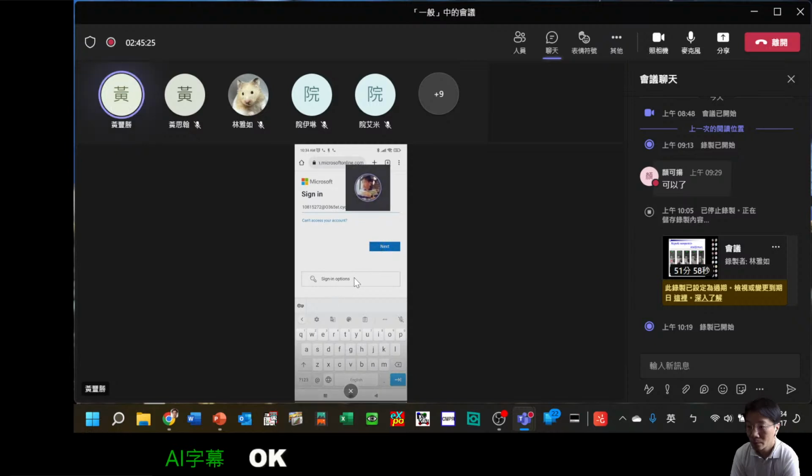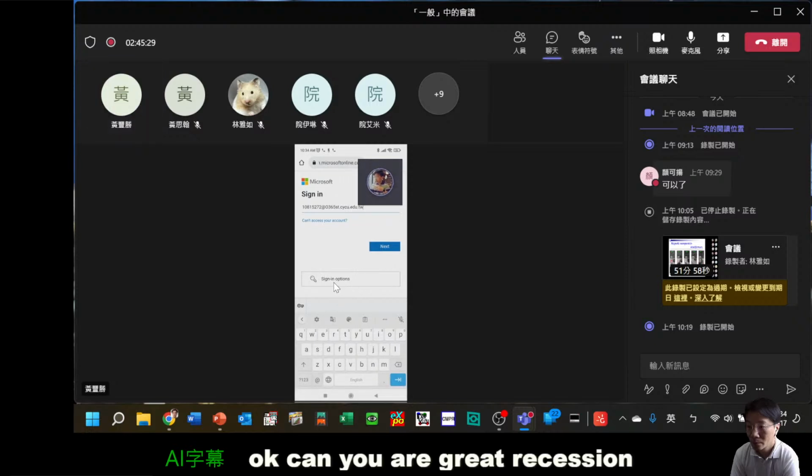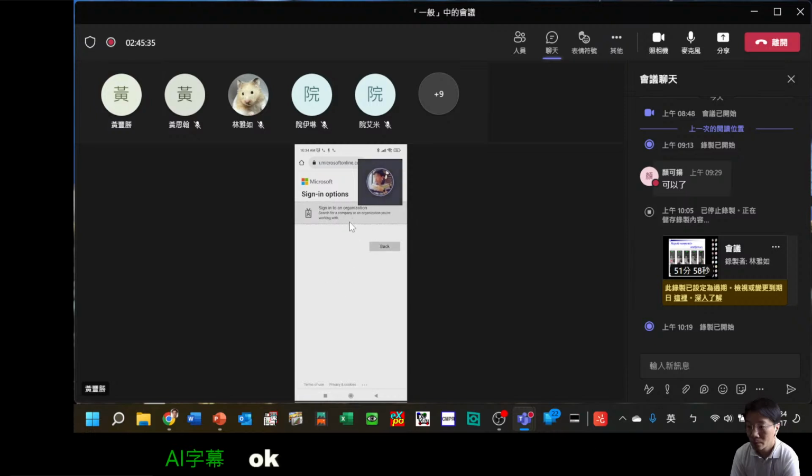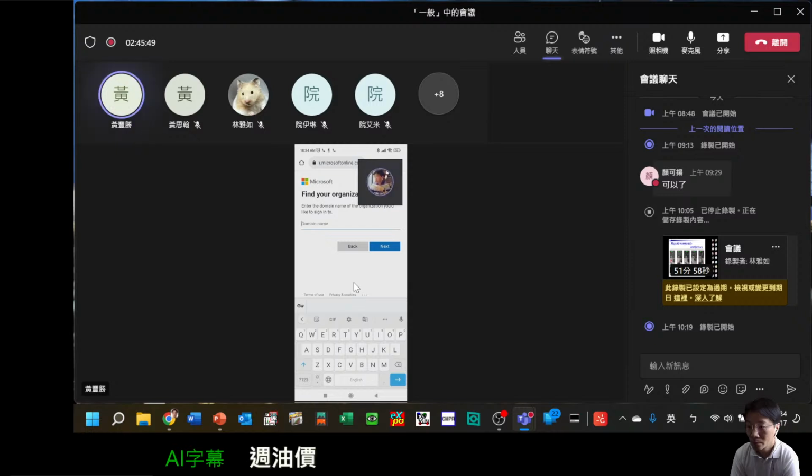Okay, can you click the sign-in option? Okay, sign in to an organization. Okay. Click that. Oh, okay. I know that. So you just log in with your cell phone, right? Yeah. Can you log in with your computer?